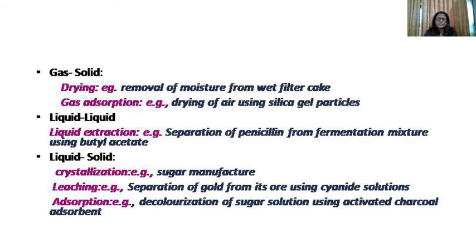Once the evaporated moisture comes out, it will be carried away by the same gas. That is how we can dry a wet filter cake. I know you know what a wet filter cake is, right? After filtration we get a cake that has some amount of liquid.